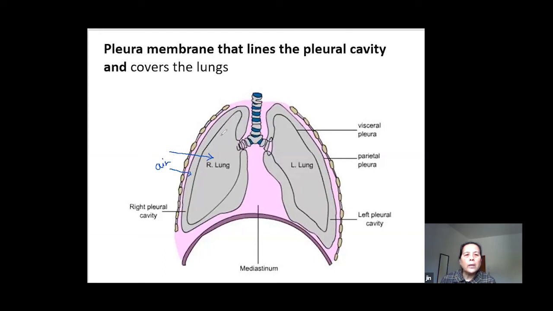When air goes into the pleural cavity, it makes the lung shrink, so it's not able to inhale to take more oxygen into the lung. That makes a severe situation, depending on how big the injury is.